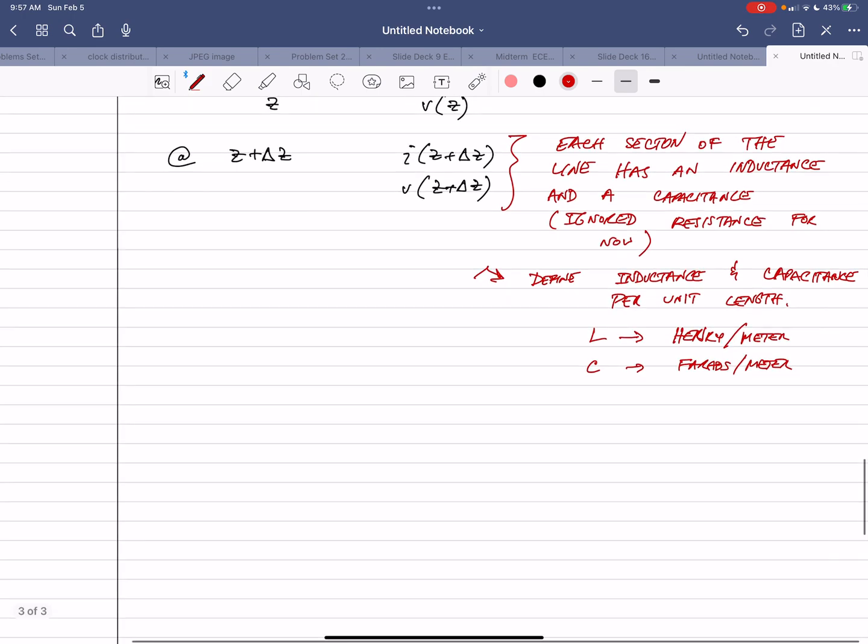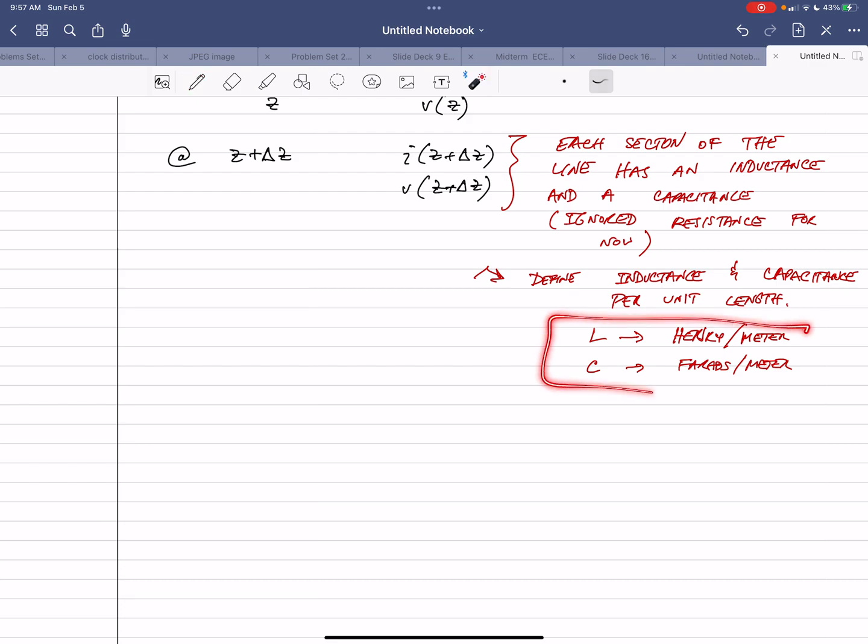Because these are the same along the entire line, I can just keep track of these two numbers, and then for any section of the line, depending on its length, I can get the inductance and capacitance by multiplying the inductance and capacitance per unit length times the length.